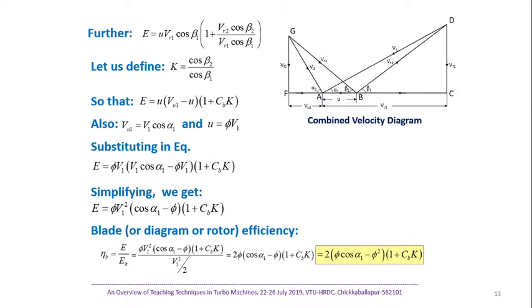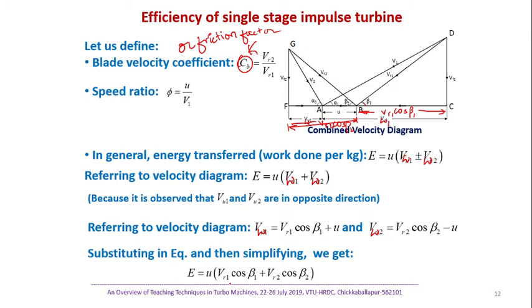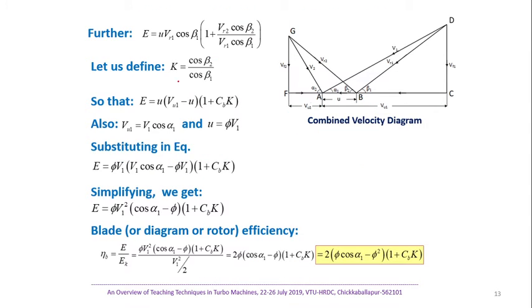Now coming to here, if I take VR1 cos beta 1 common, I have to divide this by VR1 cos beta 1. So I am taking VR1 cos beta 1 common. So 1 plus VR2 by VR1 into cos beta 2 by cos beta 1. I will just replace this with C. Let us say C is equal to cos beta 2 by cos beta 1.